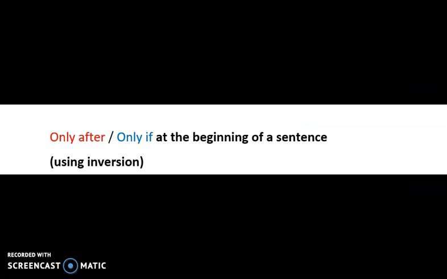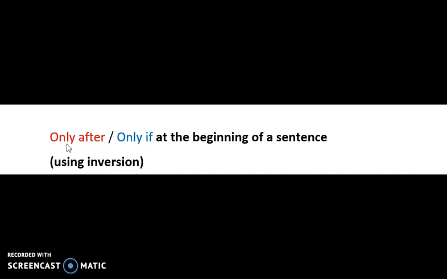So in this video so far, we have learnt how to use only after with gerund and inverting the auxiliary and the subject. And we've learnt only if. We use it with only if plus the if clause, and then we use inversion and then the rest of the sentence.